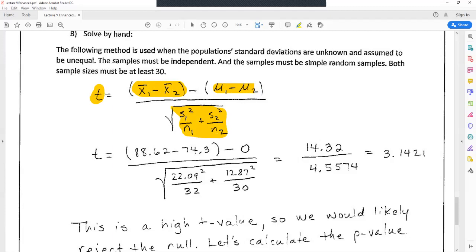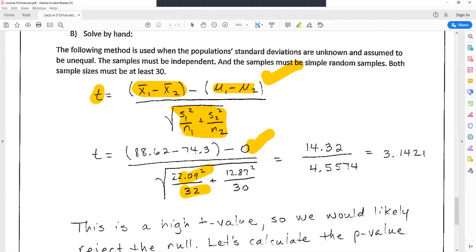Now, remember, the null hypothesis is going to claim that the difference in the means is 0, which is why we have a 0 here. But what we do is we take the two means, 88.62 and 74.3, and we subtract those, and then we divide by the variance over the number for each situation.